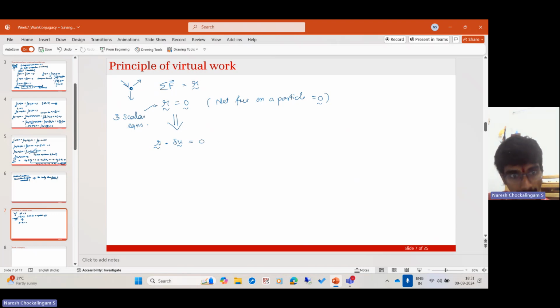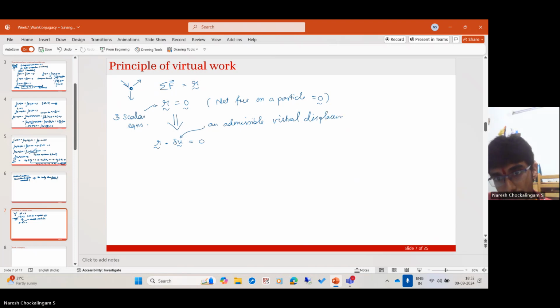So R is a vector. R is the residual force. Del u is an admissible virtual displacement of the particle. And since R is equal to 0, by dot producting with any admissible virtual displacement, we are supposed to get only 0.